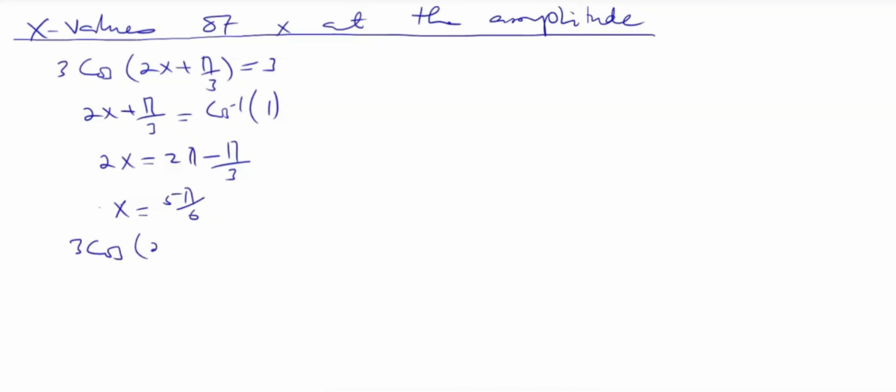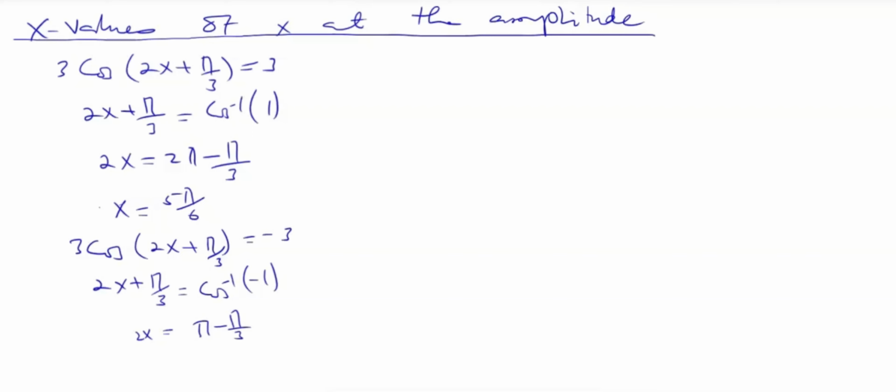So if I do that, negative 3, so that's going to be cos inverse, that's 3 there, cos inverse negative 1, which is pi minus pi on 3, so that gives me 2 pi over 3.